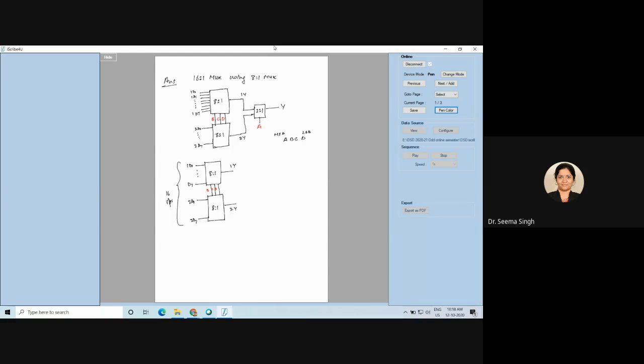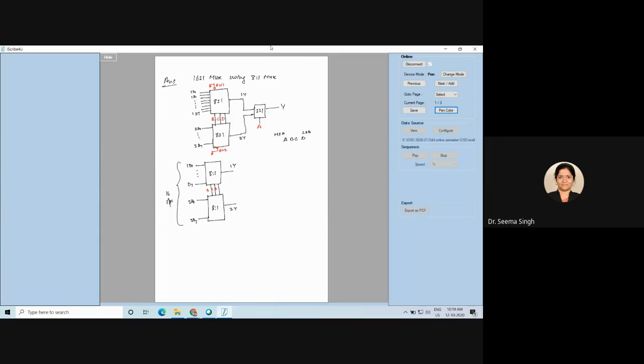Just to give you a hint, I will show you that here enable was grounded, and here also enable was grounded. We are using one of the outputs as enable, one of the outputs from 8:1.